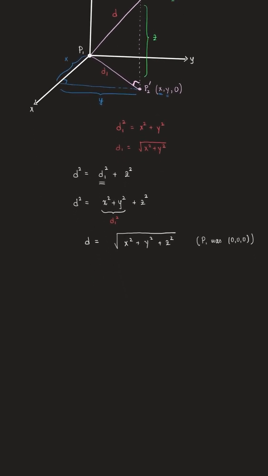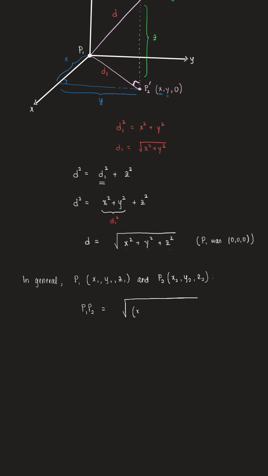But in general, for the distance between 2 points, let's say P1 has coordinates x sub 1, y sub 1, z sub 1 instead of 0, 0, 0, and P sub 2 has coordinates x sub 2, y sub 2, and z sub 2. Then the distance from P1 to P2 will be the square root. This time, instead of x squared plus y squared plus z squared, we find the difference between the corresponding coordinates.